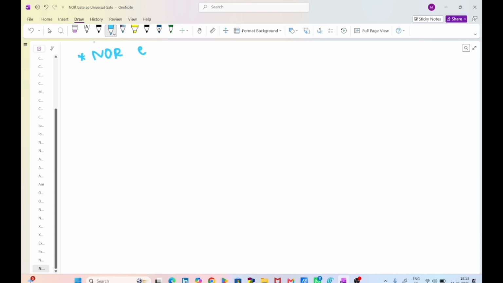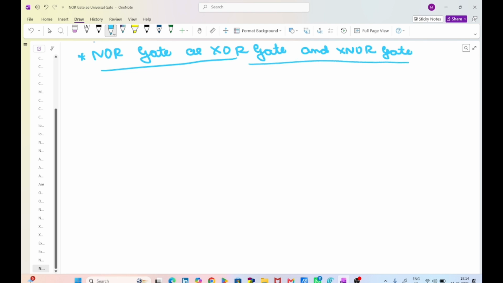NOR gate as XOR gate and XNOR gate. First I will implement it using the gates and then I will explain it.